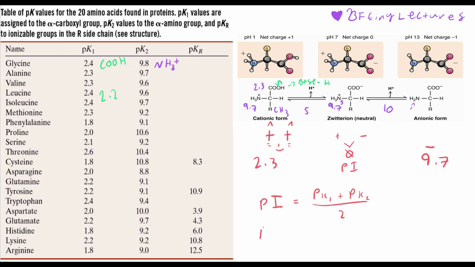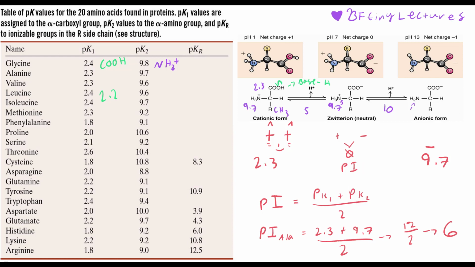So for the pI of, let's say, alanine, that's going to be 2.3 plus 9.7 divided by 2, which gives me 12 divided by 2, and I think that's 6, right? So that's 6. What does that tell us? It tells us that at a pH of 6, you are going to have an alanine amino acid that is electrically neutral.